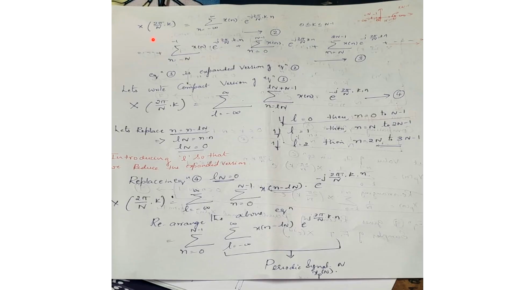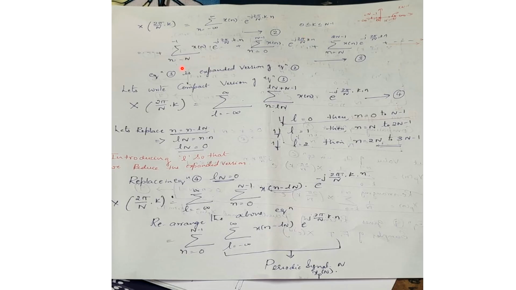So now, as we know, this is the summation term from minus infinity to infinity. Let us expand this summation term. While expanding, I have written a small diagram here. You can consider minus infinity to infinity.